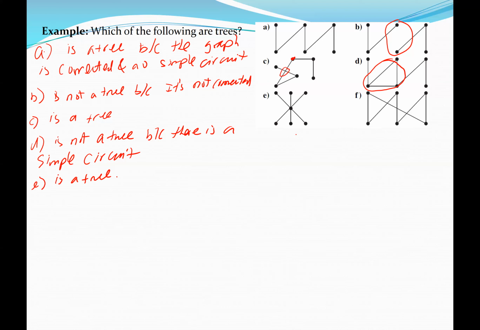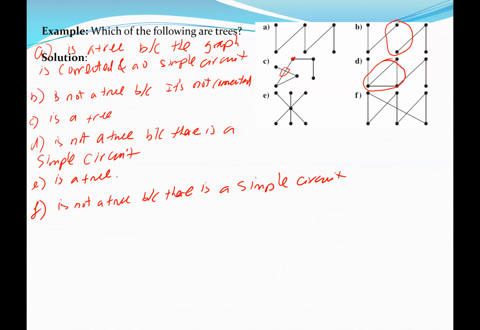All right, F is a little bit tricky. Is that a tree? Take a guess. It's a bit trickier than the other ones, but again, it's not a tree, because there is a simple circuit.